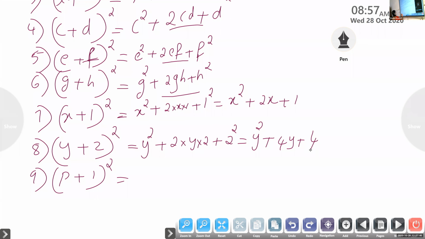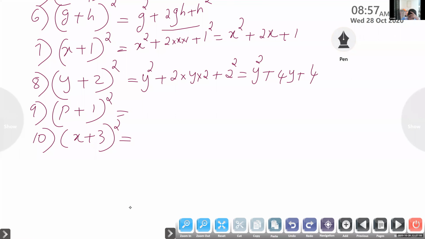Similarly, what is p plus 1 whole square? P square plus 2 into p into 1 plus 1 square.